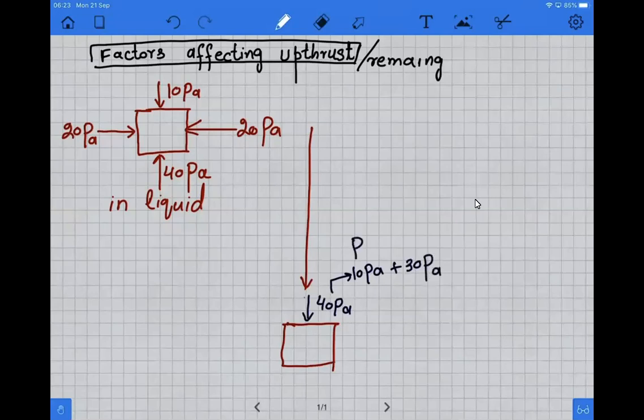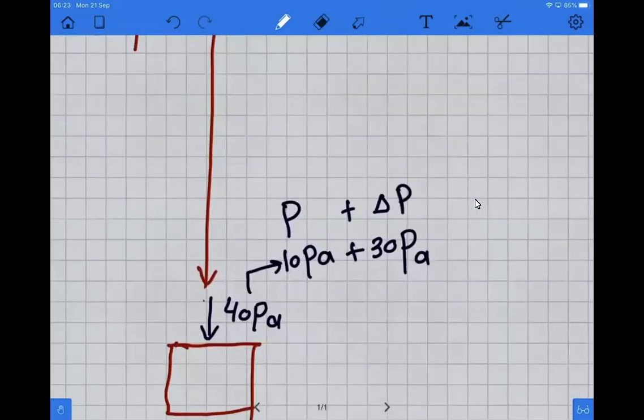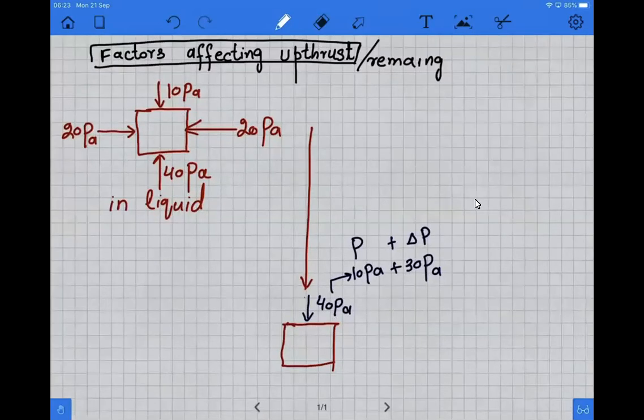Now this is P and this is delta P. This is increase. So if the increase in pressure on the top is 30 Pascal, then on all the sides the increase would be 30 Pascal.